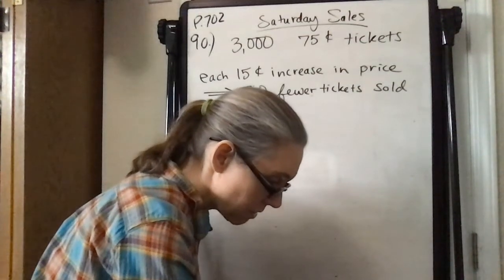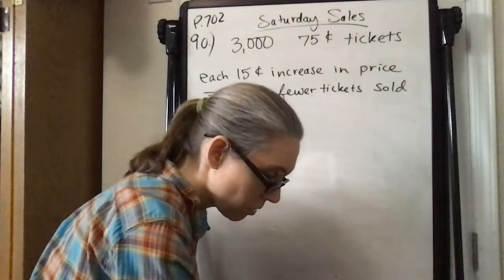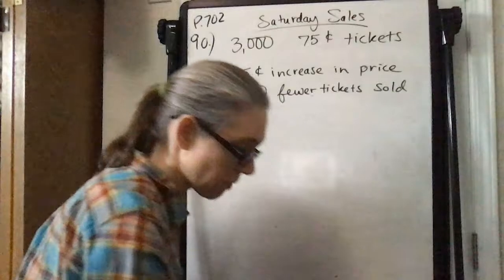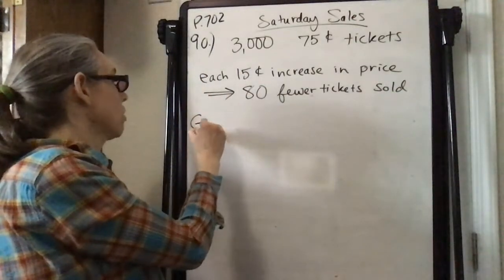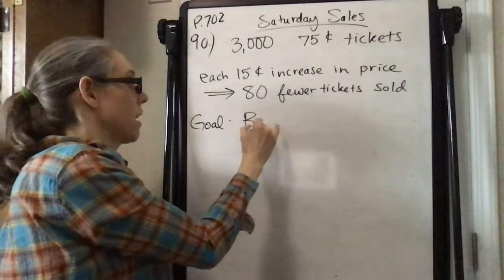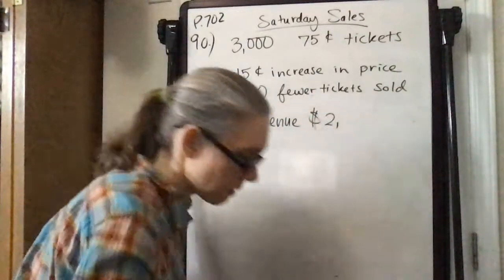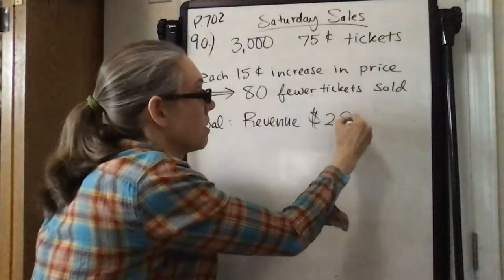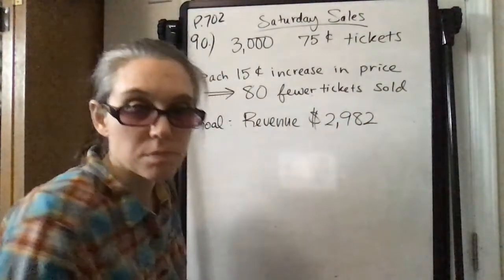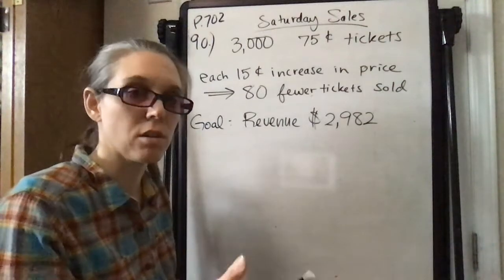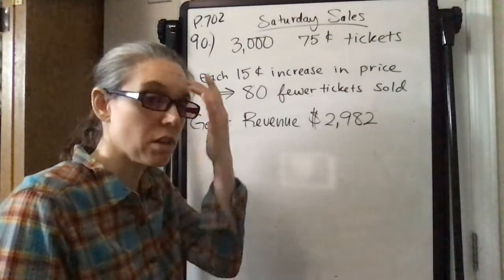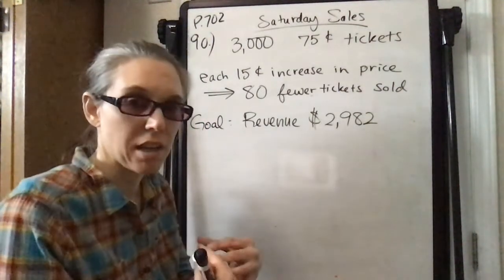What increase in ticket price will produce $2,982 of revenue? So the goal is to have a revenue of $2,982. What is revenue? Revenue is not profit. Revenue is how much money is coming in. It's really simple.